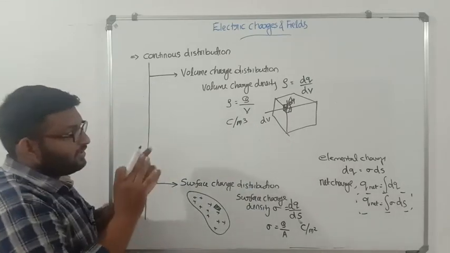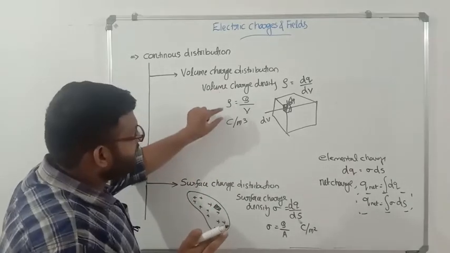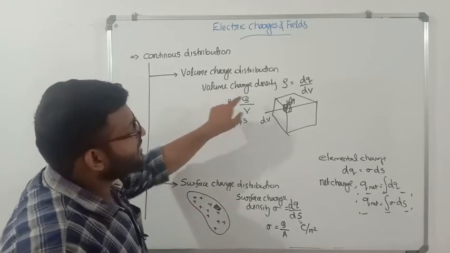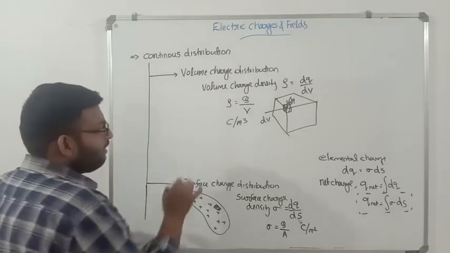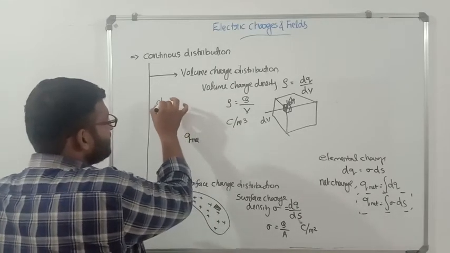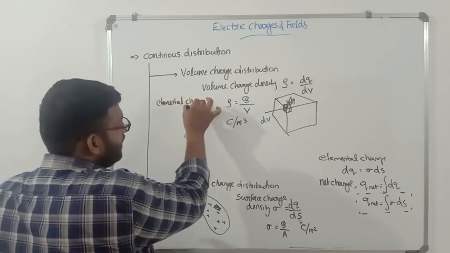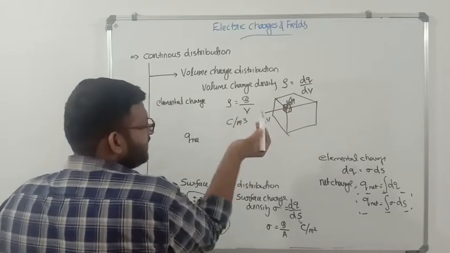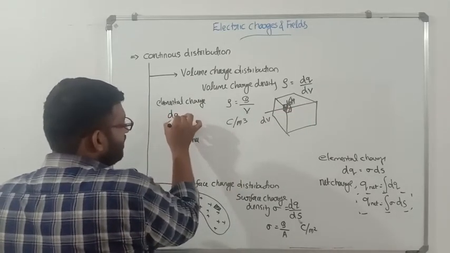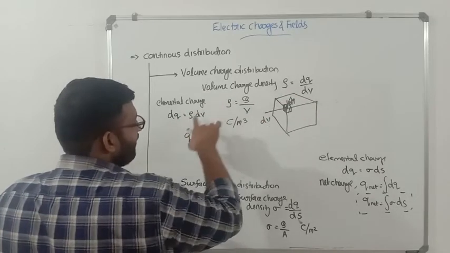So once a quantity is given in this unit, please understand that the given quantity is volume charge density. Now the elemental charge, the charge present in a unit volume, dq, is equal to rho dv. From this relation you can find this.